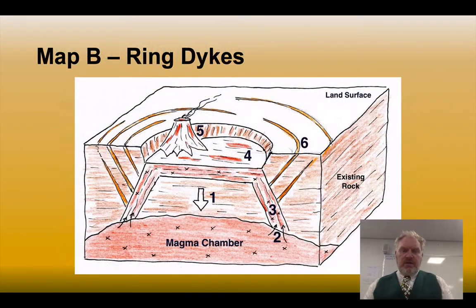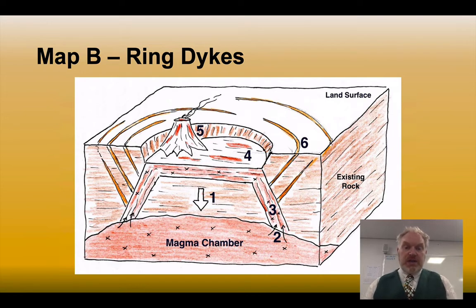it's related to the formation of calderas, where we get a collapse of country rock, perhaps down into a magma chamber, and as a result, a series of circular tension cracks that form and create a pathway for magma to be intruded into that country rock.